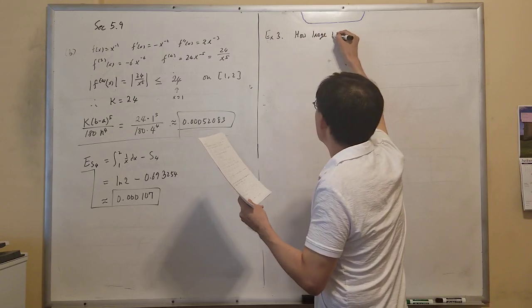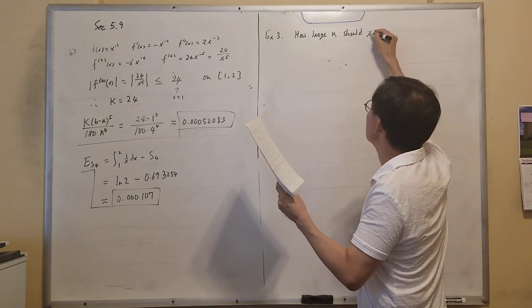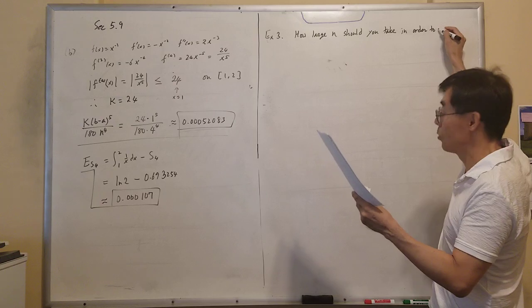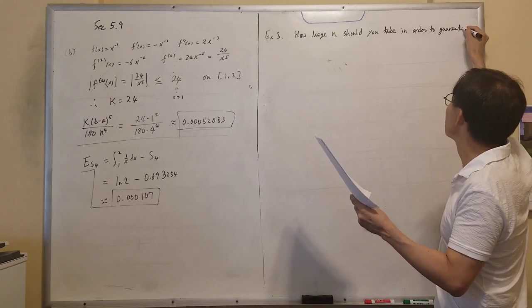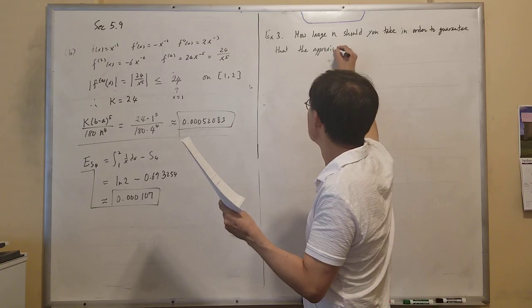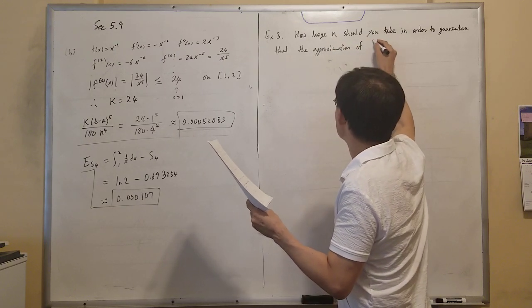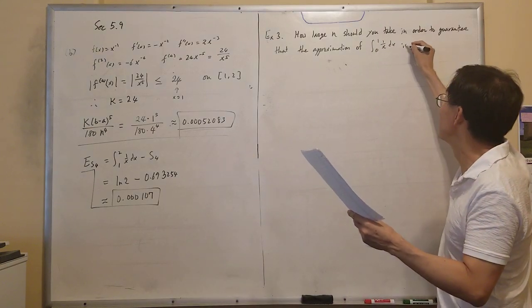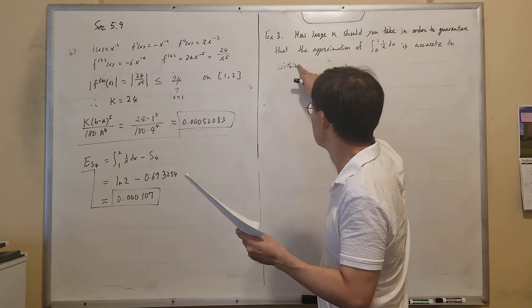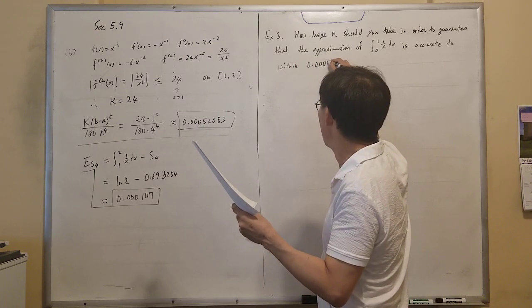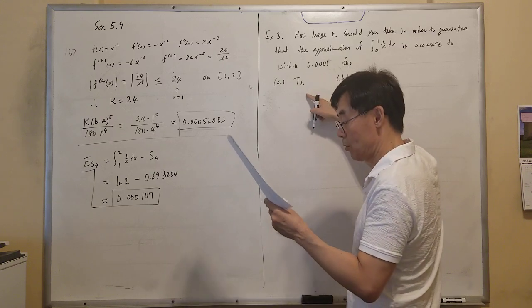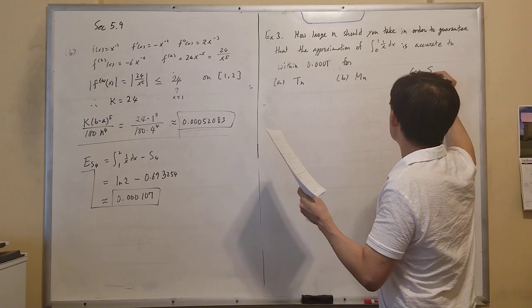How large n should you take in order to guarantee that the approximation of this integral is accurate to within 0.0001 for 3 different approximation methods: trapezoidal rule, midpoint rule, and Simpson's rule.